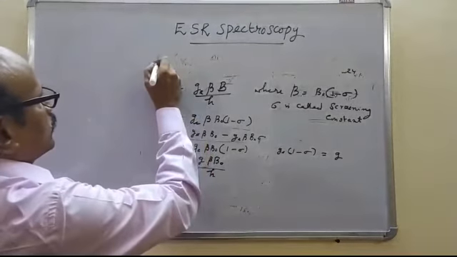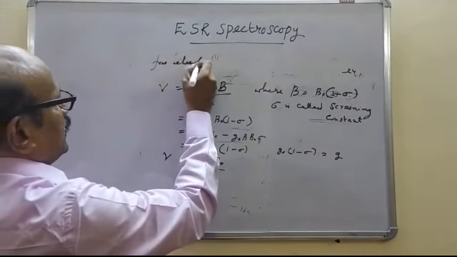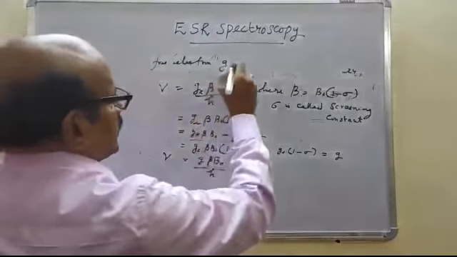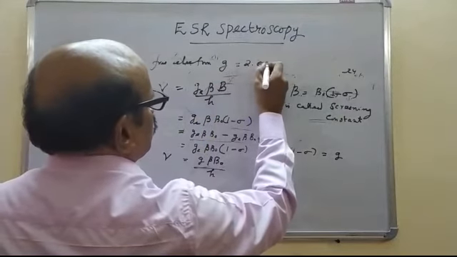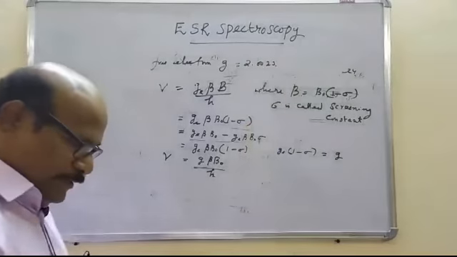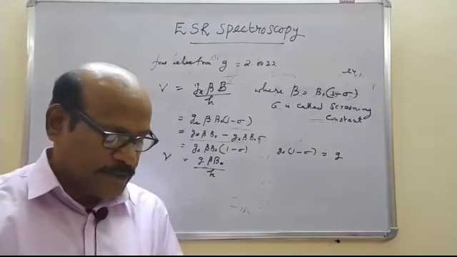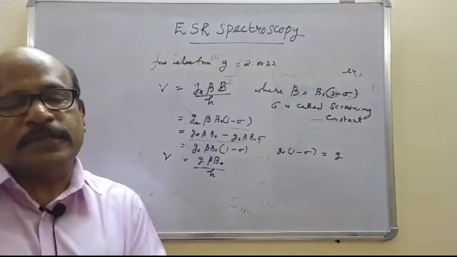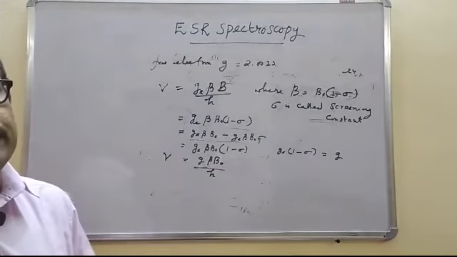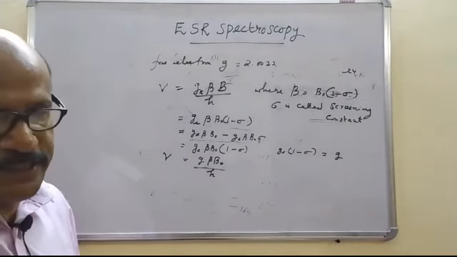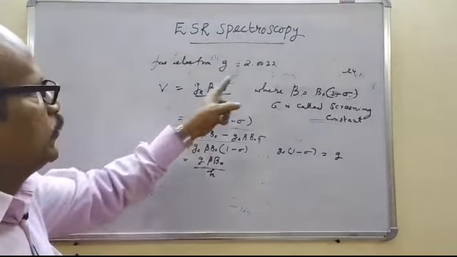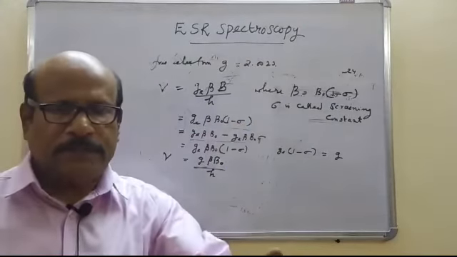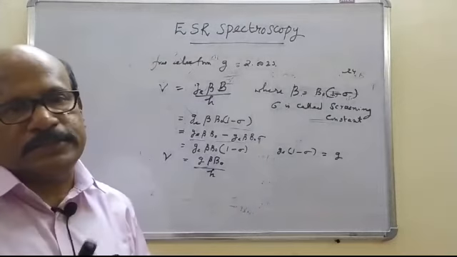For a free electron, the g value representing the absorption line is 2.0023, and for all other electrons in an actual molecular species, they have a g value different from 2.0023 depending on the screening constant.